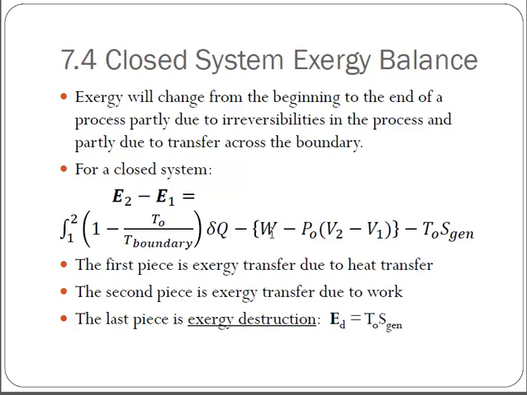The work and the potential for work, if it had all happened at the dead state pressure, is also going to be part of that change. And then T naught times the entropy generated. So I've got the exergy transfer due to heat transfer, the exergy transfer due to work, and then exergy destruction.